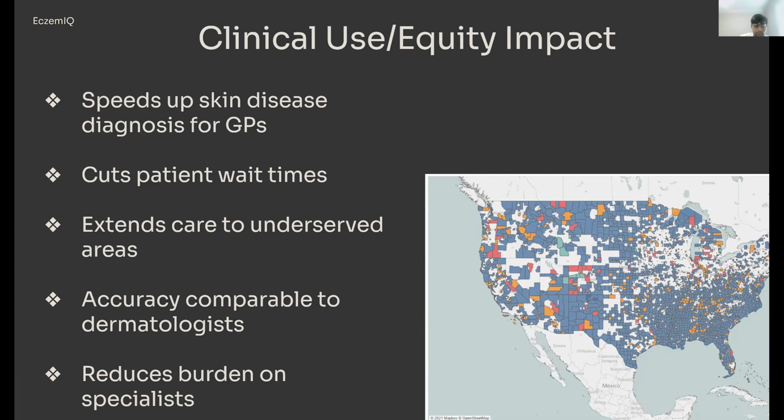And as this map shows, there's plenty of underserved areas in the US where there's definitely use for that care. And this model, we believe, could be helpful towards that.